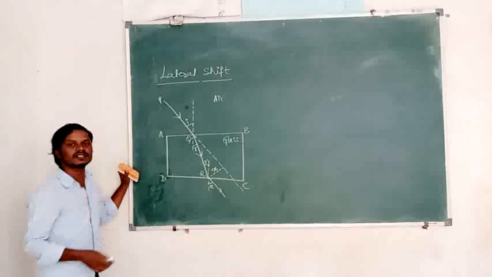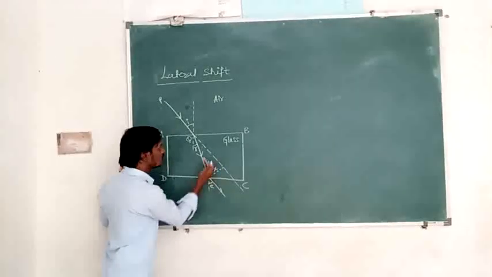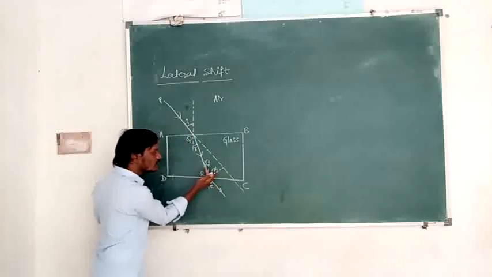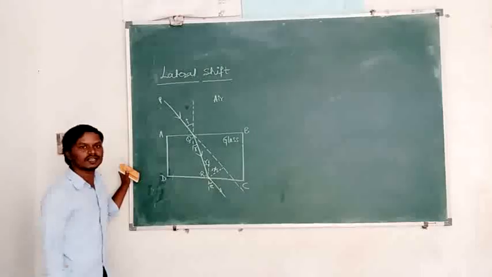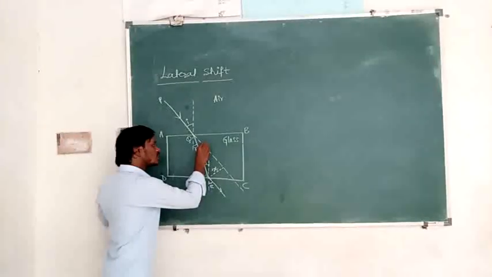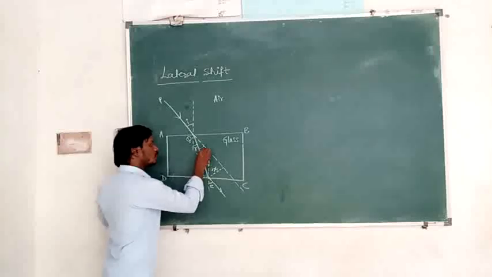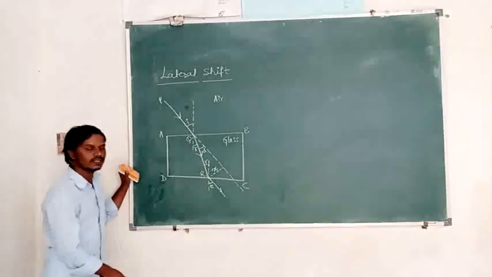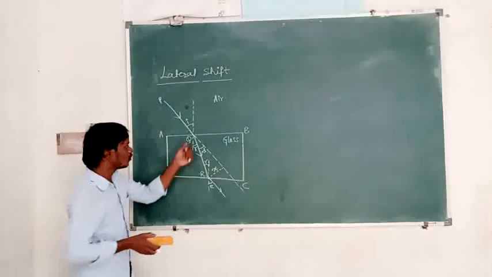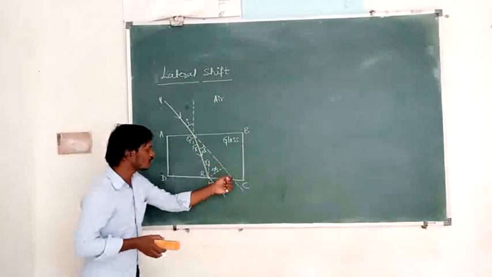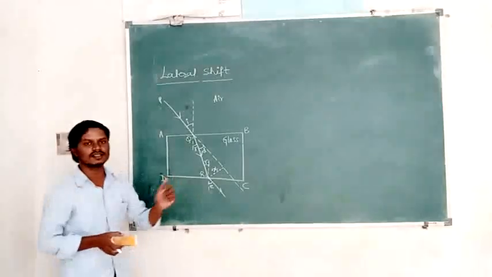What does lateral shift tell us here? Lateral shift tells by what distance the incident ray bends from its initial path because of refraction of light, and by what angle the incident ray bends from its initial path, that is the angle of deviation. So lateral shift is by what distance the incident ray bends from its initial path. How do we define lateral shift?